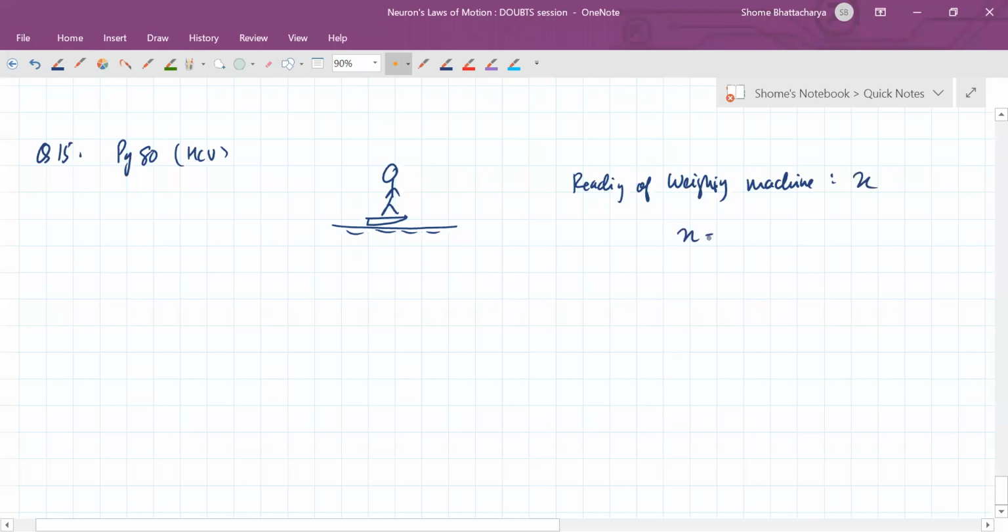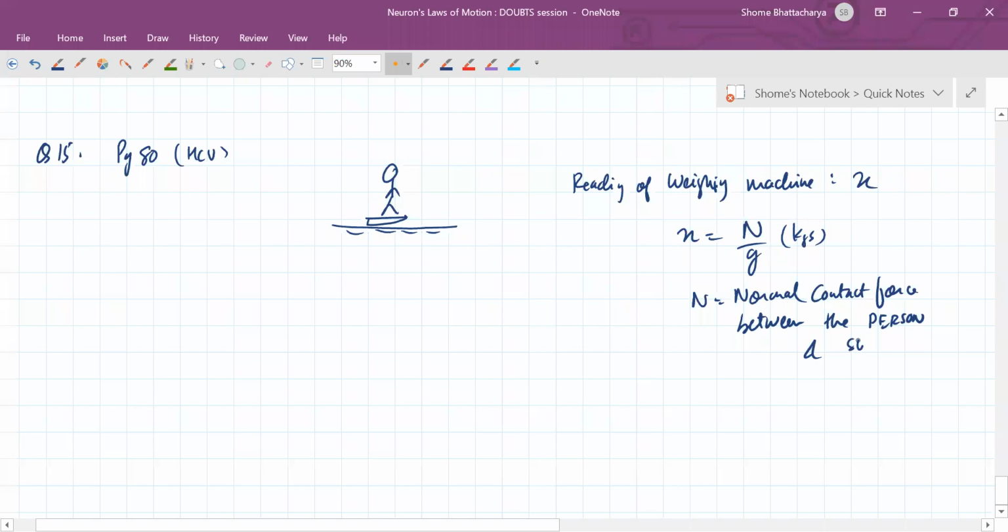So that X is nothing but the normal reaction divided by g, because what it measures is the normal reaction, but it gives the answer in kgs. So it just divides by g, where N is the normal contact force between the person and the surface of the weighing machine.